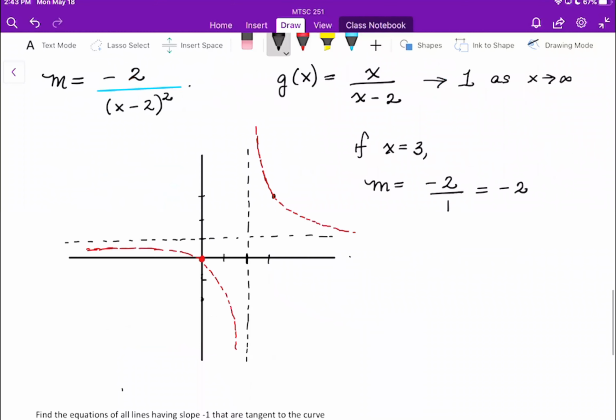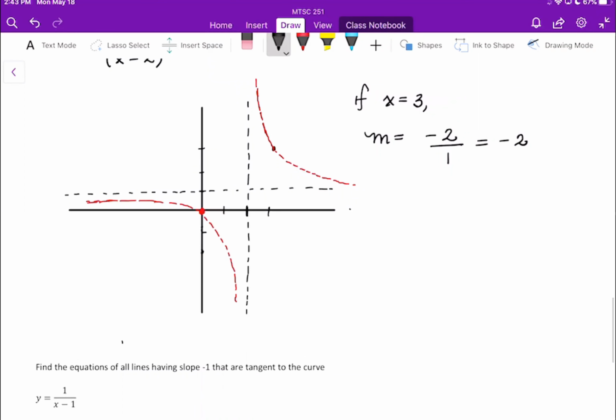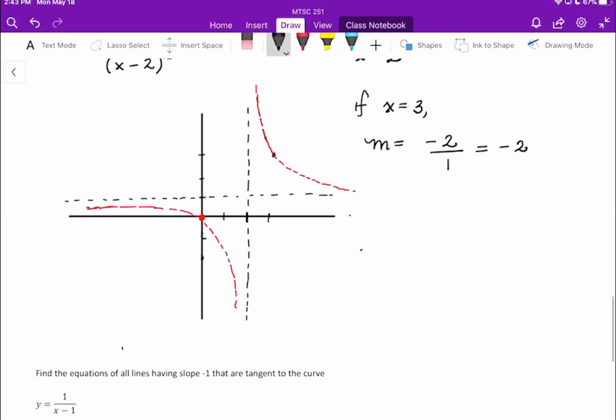So therefore, the equation of our tangent line is y minus 3 is equal to -2 times x minus 3. And our tangent line has a slope of -2. So our tangent line is going to look something like this. Okay.